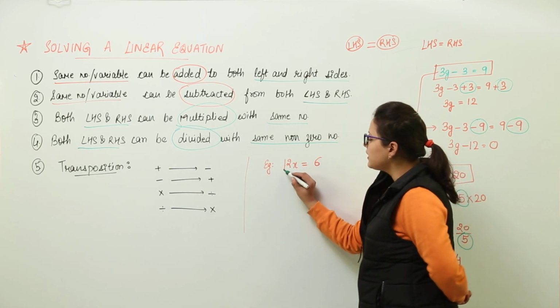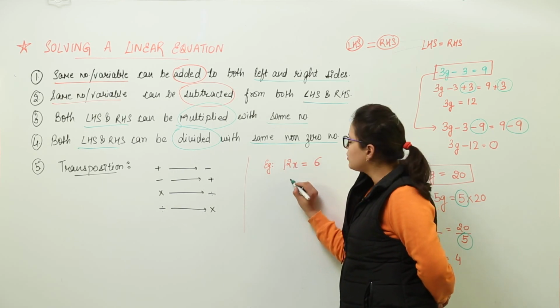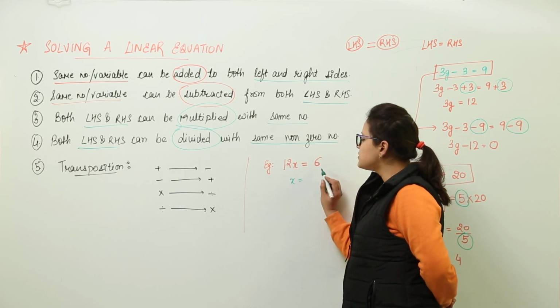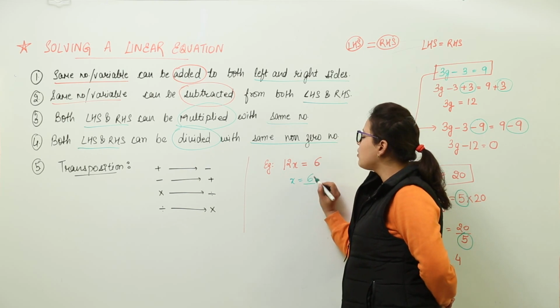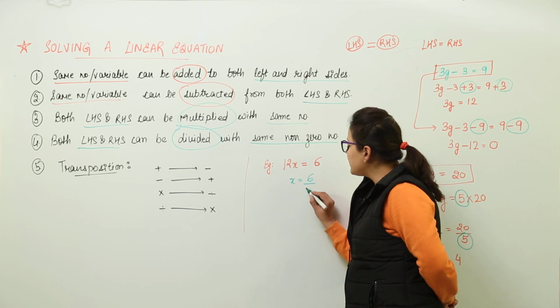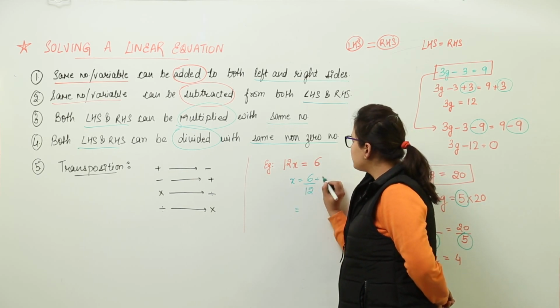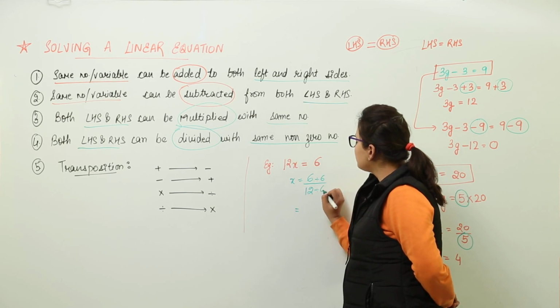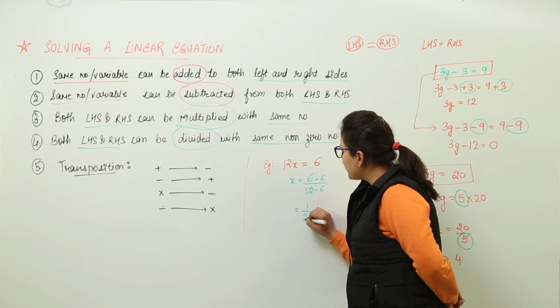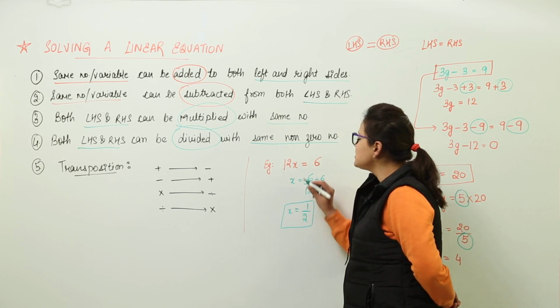That is, I can get rid of this 12. This 12 was getting multiplied with x. So I will transpose it to the other side, but because it was getting multiplied with x over here, when I transpose it to the other side, it will get divided, and on division we know that we have the common factor, we can solve it, we will get 1 by 2. So x is equal to 1 by 2 is the solution of this equation.